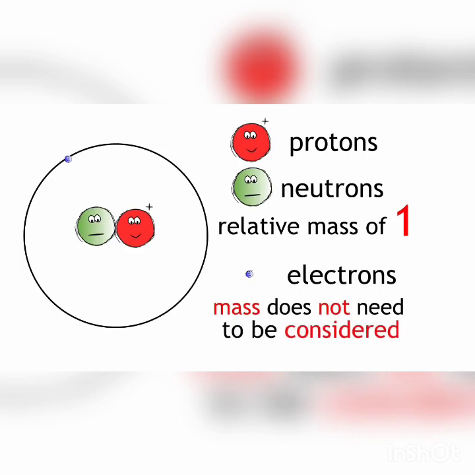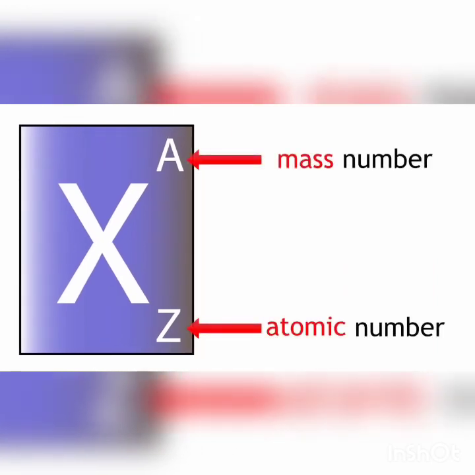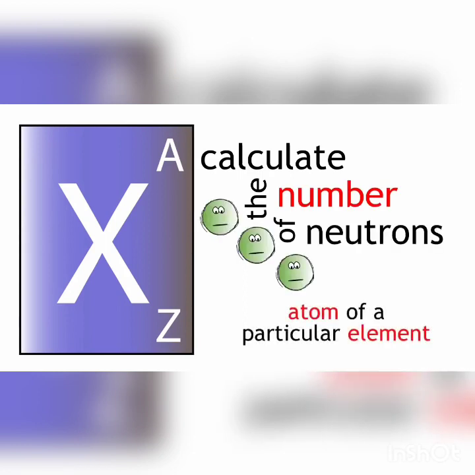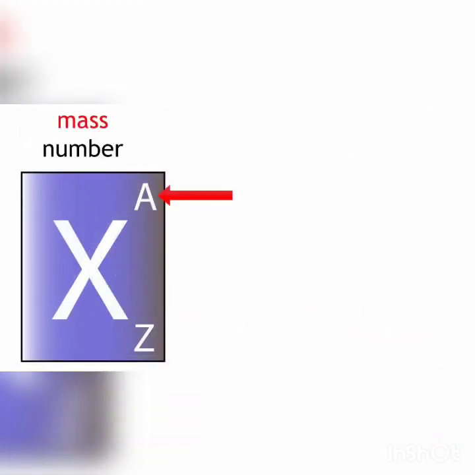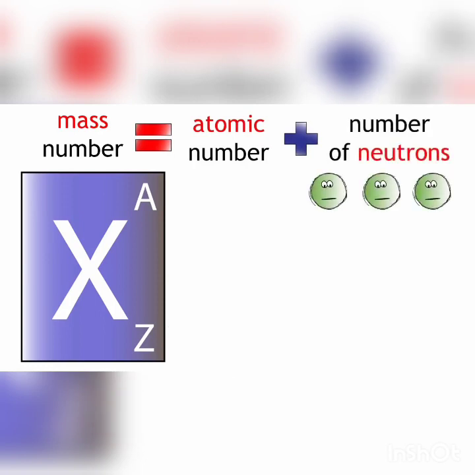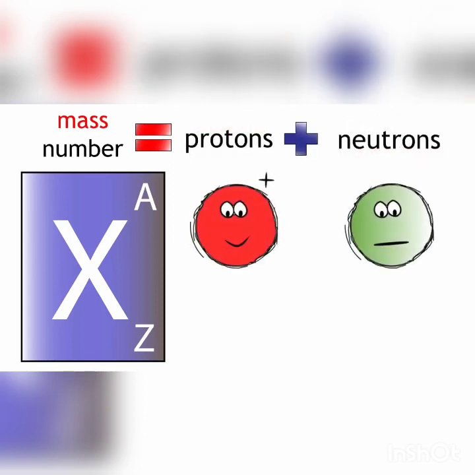So if we know the mass number of the element and the atomic number, we can calculate the number of neutrons present in the atom of a particular element. So the mass number equals the atomic number plus the number of neutrons. Atomic number is just the number of protons in an atom. Therefore, mass number equals protons plus neutrons.